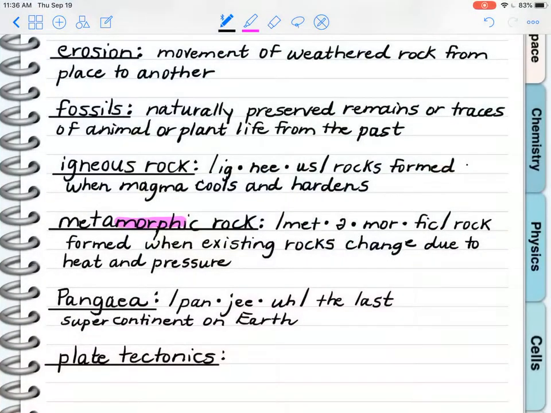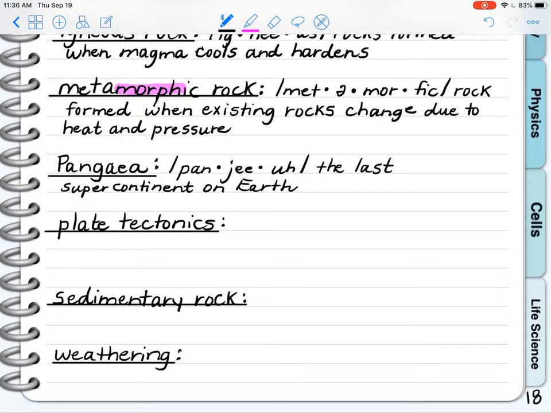Okay, moving on. Plate tectonics. We talked about this one a minute ago, but let me go ahead and sound it out for you. Tectonics.